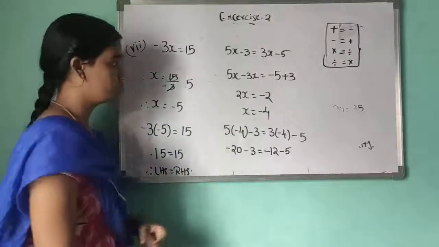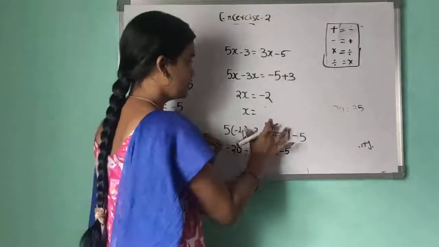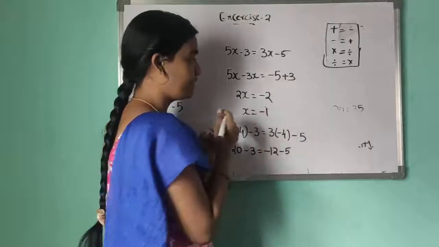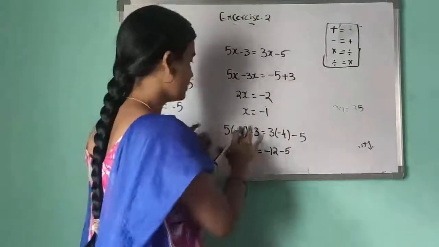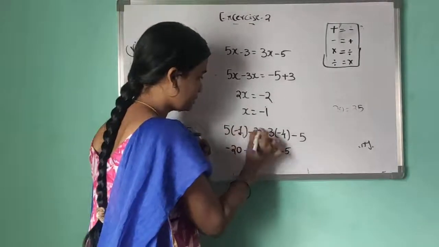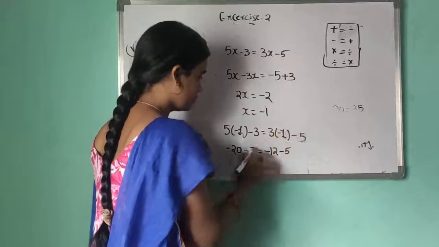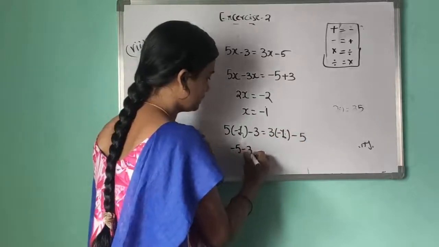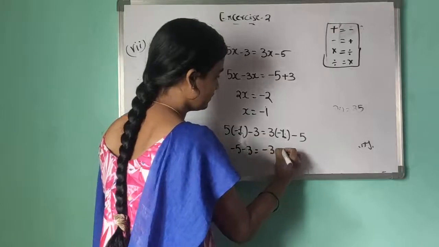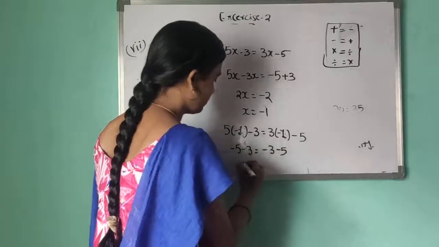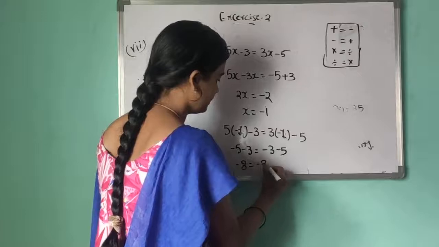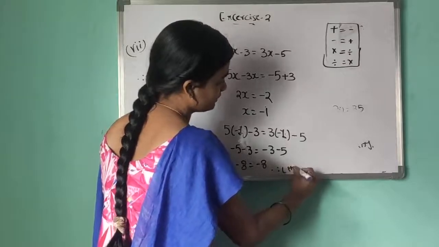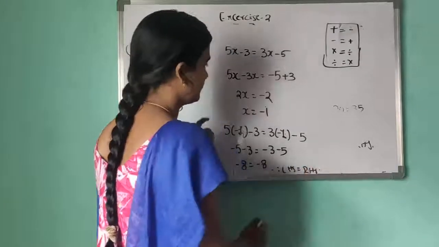Minus 2. So 2 2s are minus 1. We have to get the value minus 1. We have to substitute the x value minus 1. So what do we get? Minus 5 minus 3 minus 3 minus 5, right? So minus 8 equal to minus 8. Therefore the LHS equal to RHS.